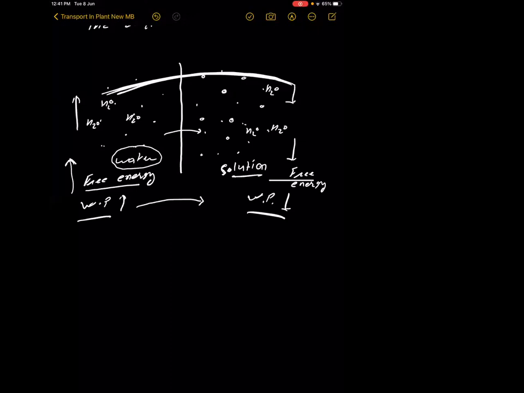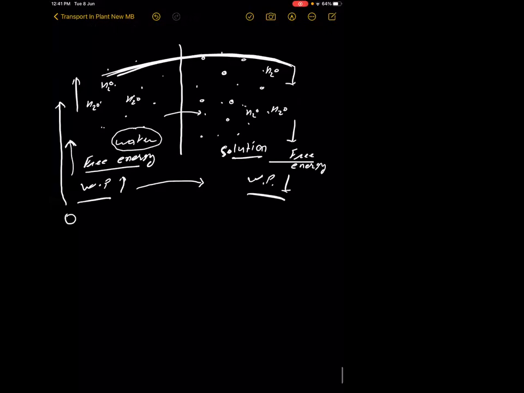And here one more thing, water potential of pure water is maximum, and it is 0. This is maximum water potential, but it is 0.